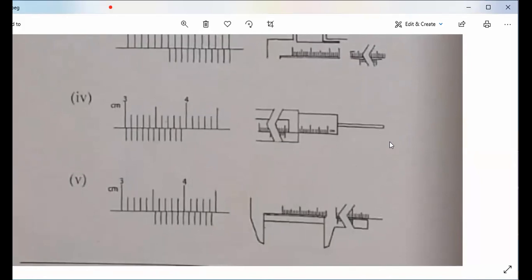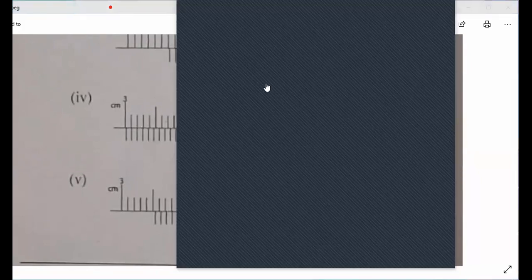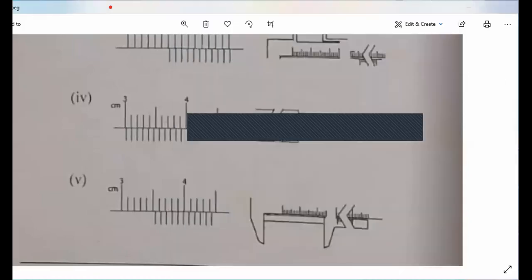they have given us a table. You should fill that table also. I'll send you the questions. You should try to fill the table also.